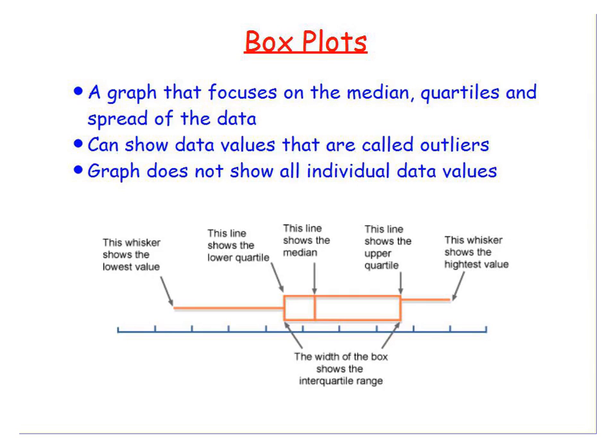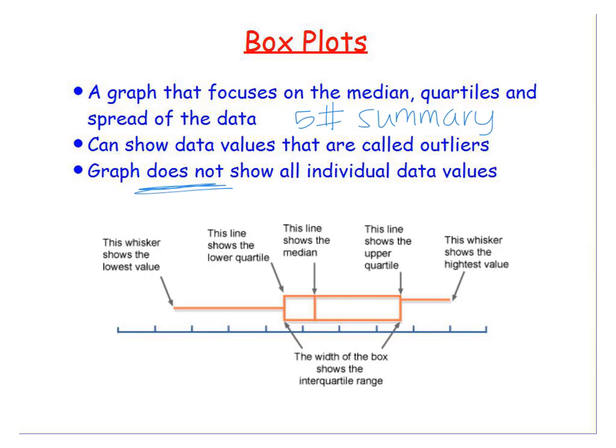So this is that 5-number summary that we've talked about before. These graphs can show data values that are considered outliers. Those are ones that are either really, really big or really, really small and don't belong. Now, just like a histogram, these graphs do not show all of the data values.